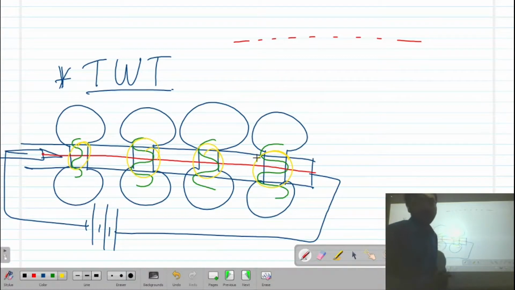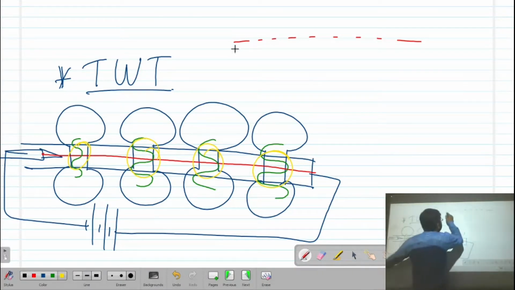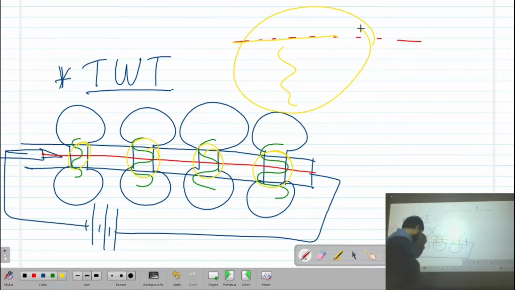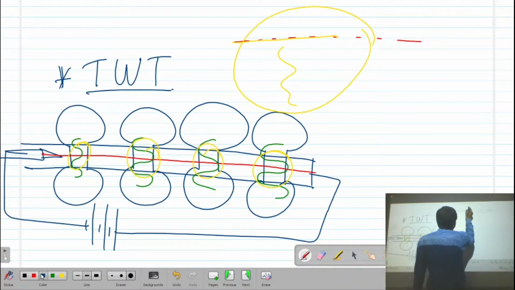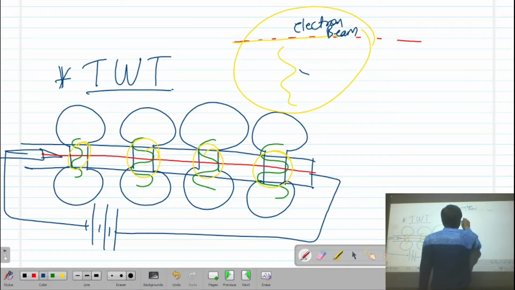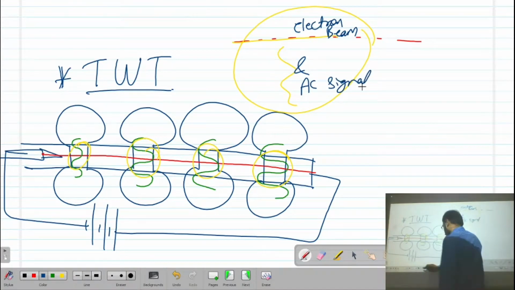Now suppose I increase the interaction between the electron beam and the AC signal, or more precisely the RF signal.